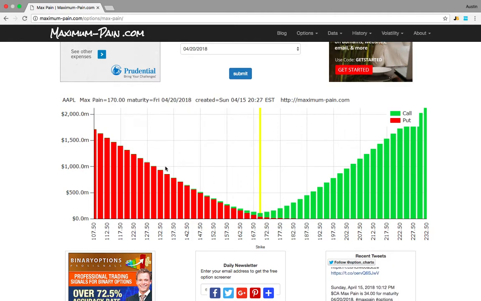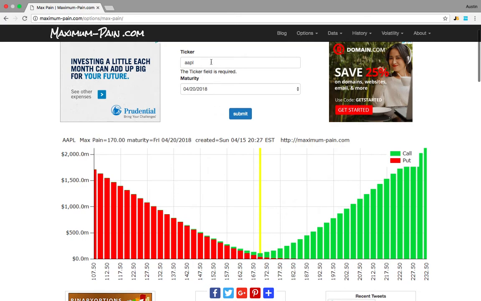Okay, so when we pull up the expiration date of a specific ticker on here, it shows us where the majority of puts are and where the majority of calls are. And then of course for the market makers to make the majority of people lose money in options, they want to make the majority wrong.